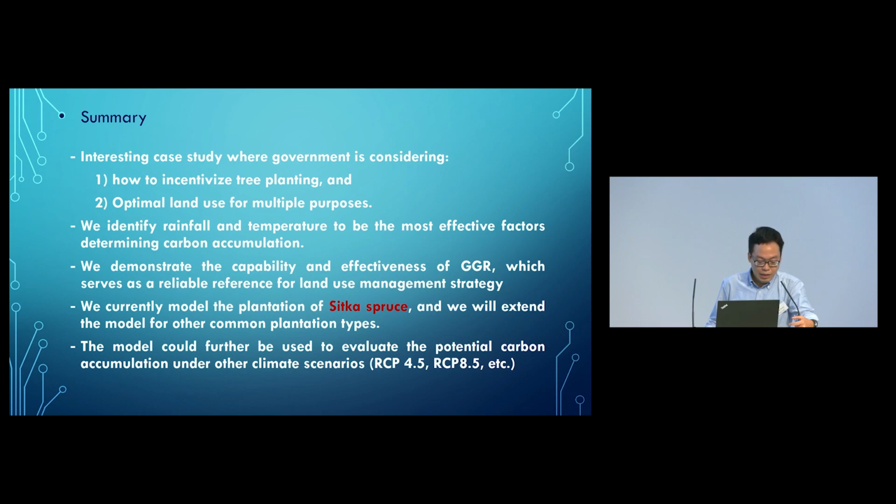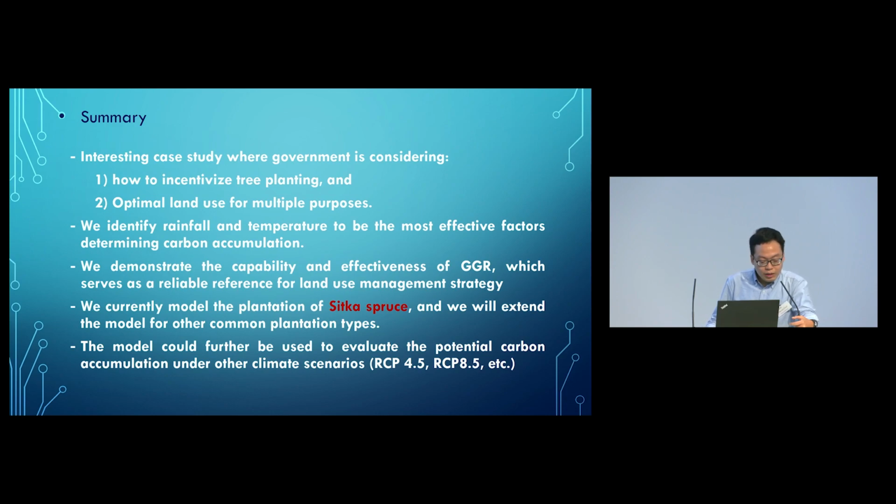We currently model only one forest type, which is Sitka spruce, a commonly planted needle-leaf forest type in the UK. But we will extend the model for other common planted types, starting from calibration of parameters in our forest research sites.